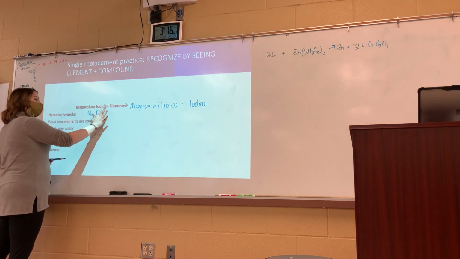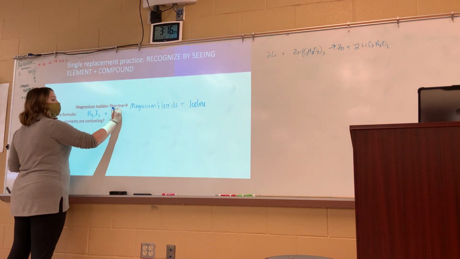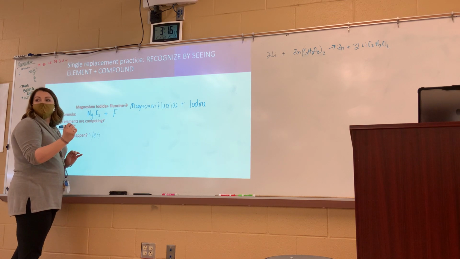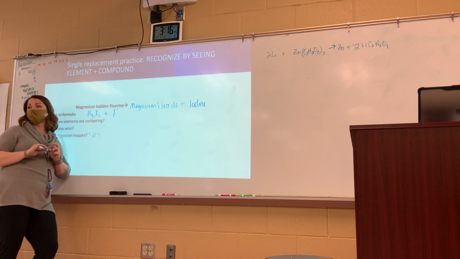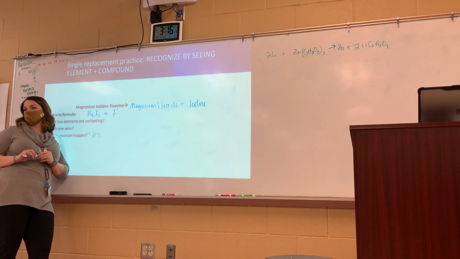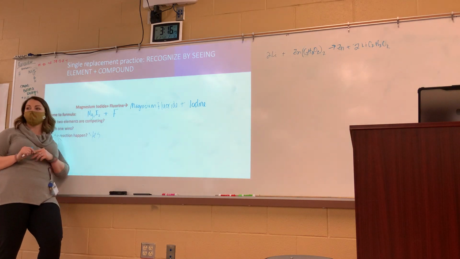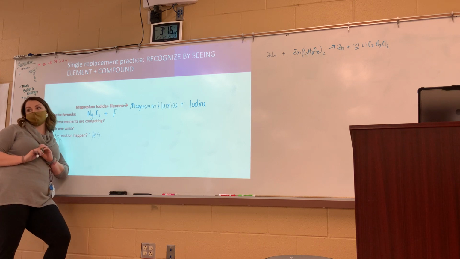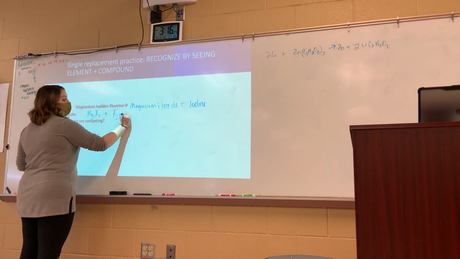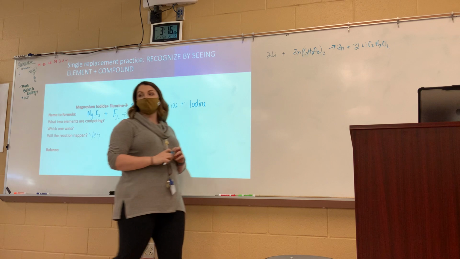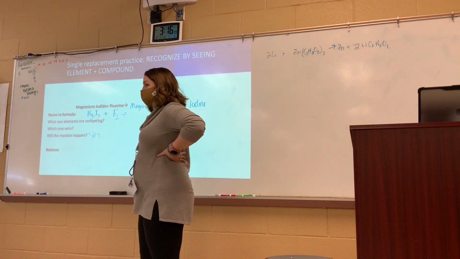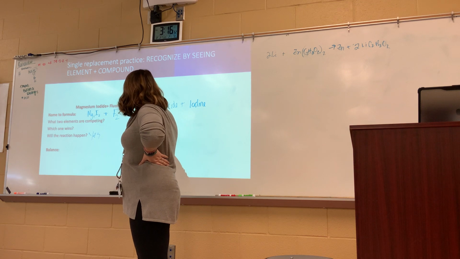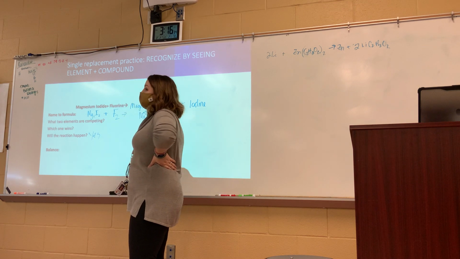Then I can erase. What is fluorine? Fluorine doesn't have a charge. Fluoride has a charge. Why does it have a charge? Because it's by itself. So fluorine is F2 because it's by itself, it's diatomic. Magnesium fluoride. Mg with the +2, what's fluoride?